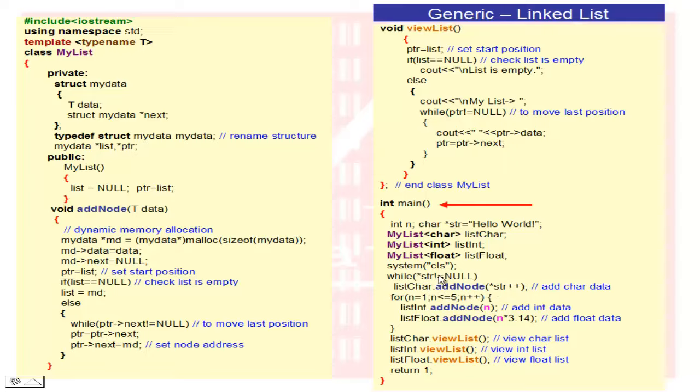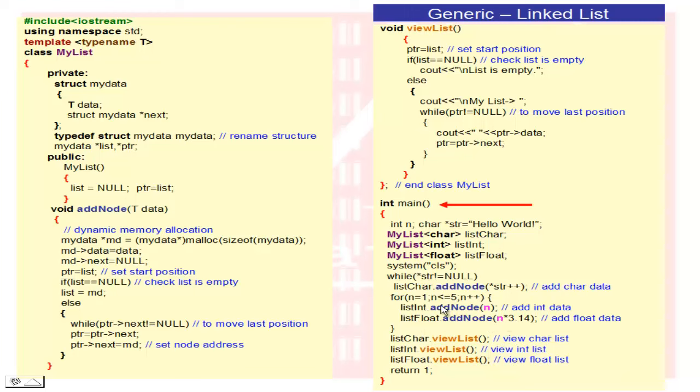Okay, next I have run a loop 5 times to add the integer type in list int and add float type in the float list variable.